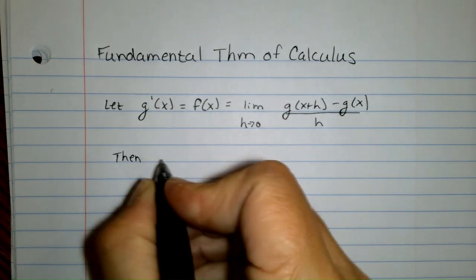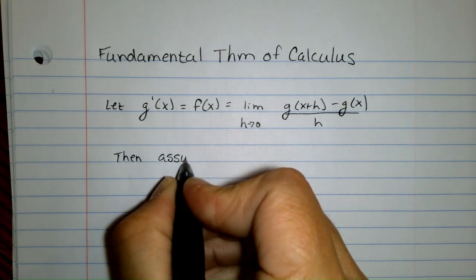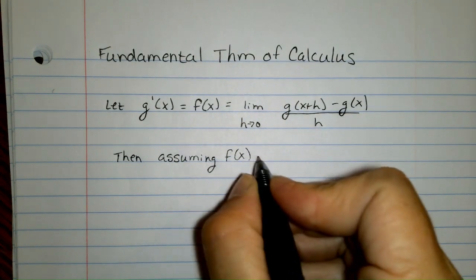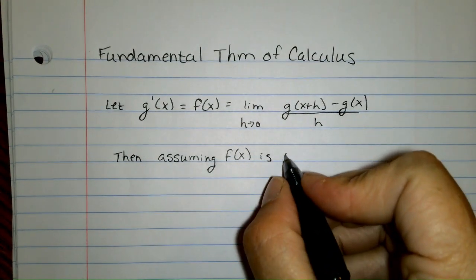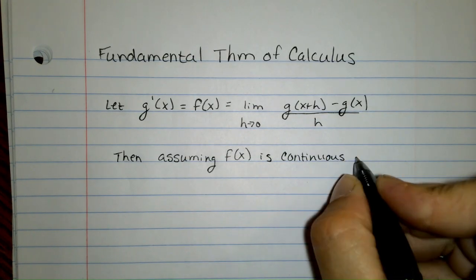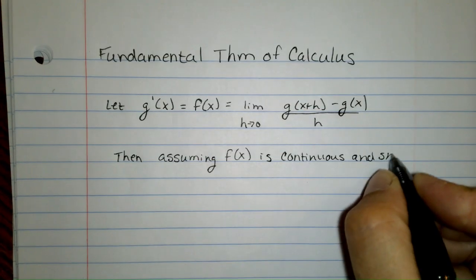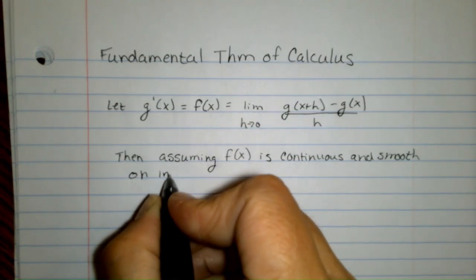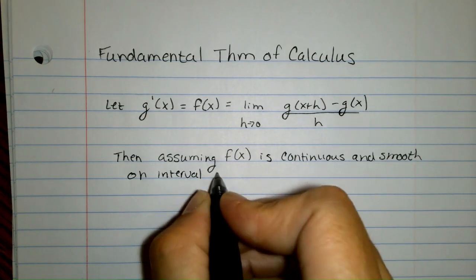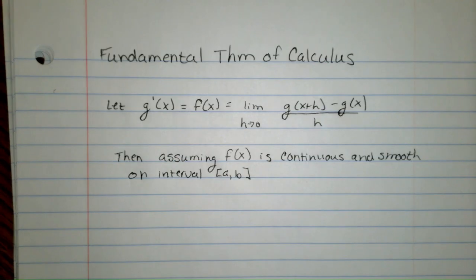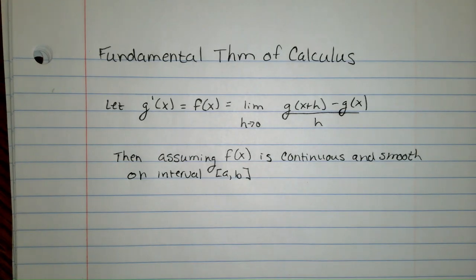Then, assuming f of x is continuous and smooth on your interval a to b. So continuous and smooth has been a running theme throughout our calculus stuff, and it's really, really important.